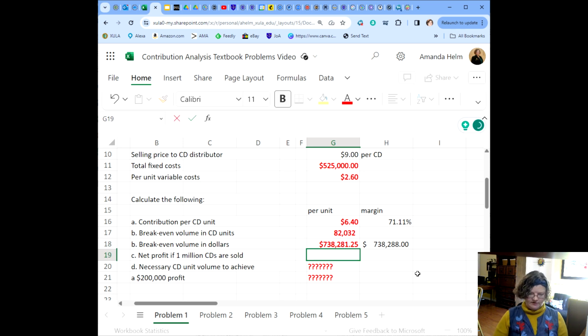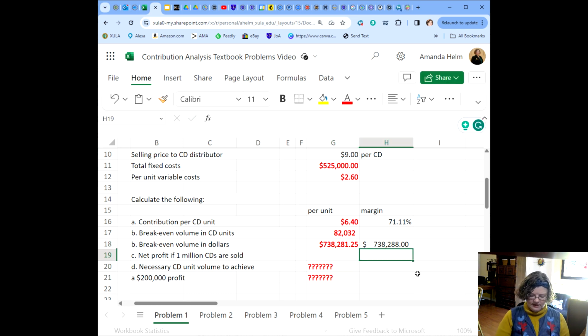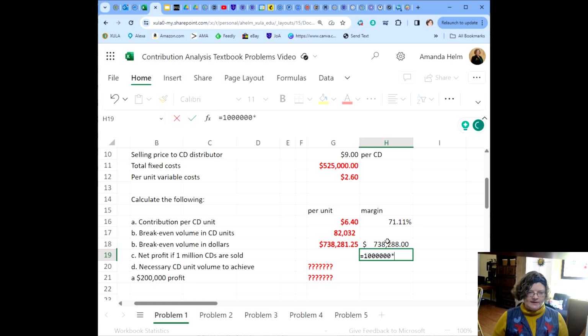Let's break that down on the side here. What would be my total revenue if I'm going to sell 1 million CDs? It's going to be 1 million CDs times $9 per CD, so 9 million would be my revenue: price times the quantity sold.